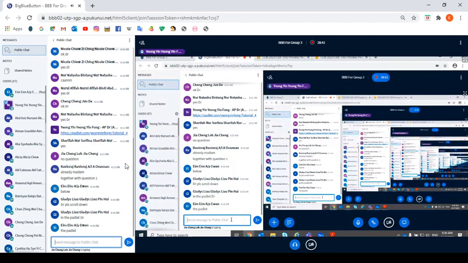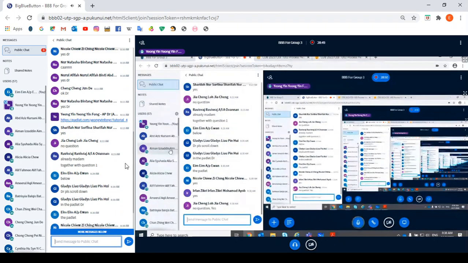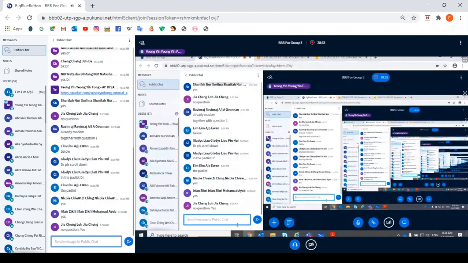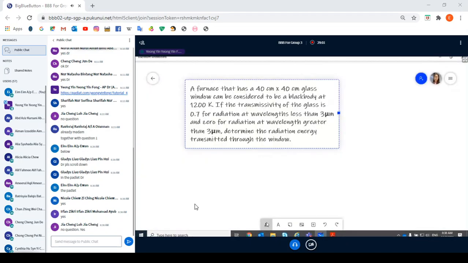For those students who are still calculating, you can refer to the answer in the Padlet, rather than I show it on the whiteboard. Here you will get the answer: transmissivity 0.2825, and then eventually you get the energy transmitted is 5315.